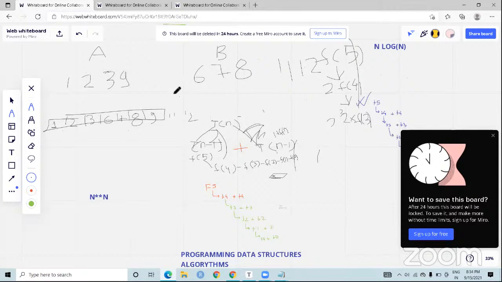So we have to choose c and n naught. That is the proper definition of big O. Why are we taking it as an upper bound?